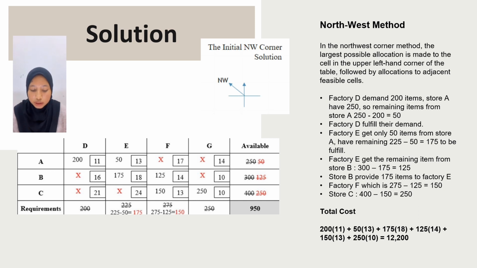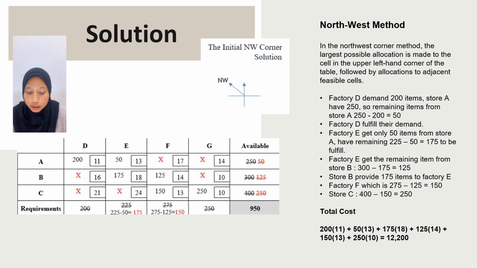As you can see, for factory D, which means column D, row A, the demand is 200 items and store A has 250. So the remaining for store A is 250 minus 200 equal to 50. So factory D is fulfilled.